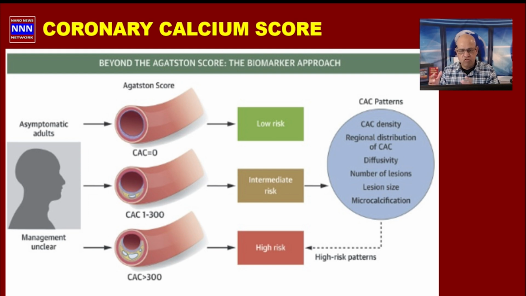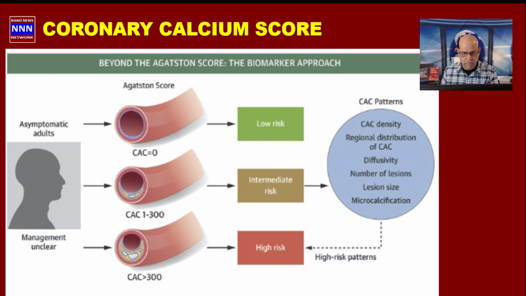When the risk is low, that is less than 5% chances of developing heart disease over the next 10 years. And when the risk is high, like when the calcium score is more than 300 or 400, which is deposited in the arteries, then the risk becomes high. So the risk can go up to 15 to 20% of developing heart disease and its complications over the next 10 years.